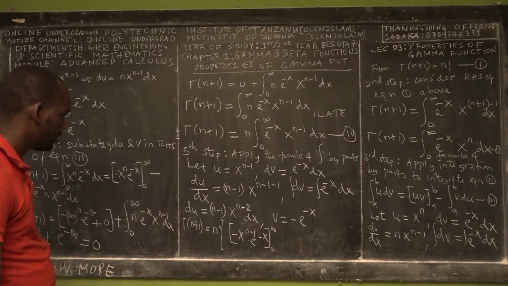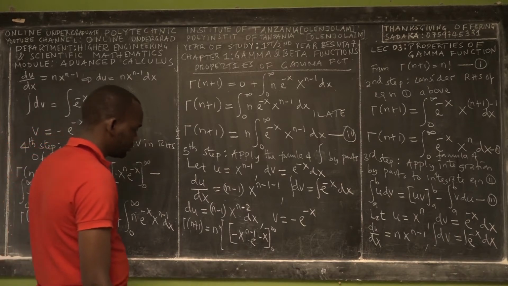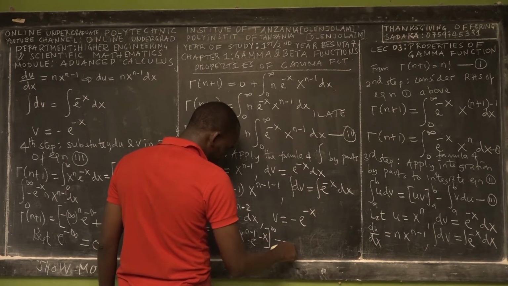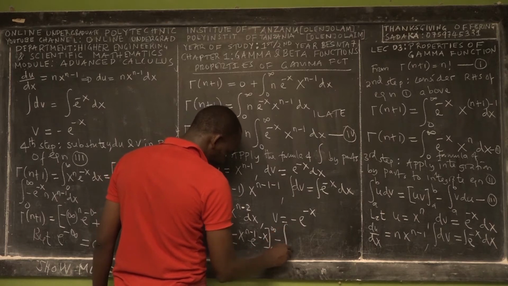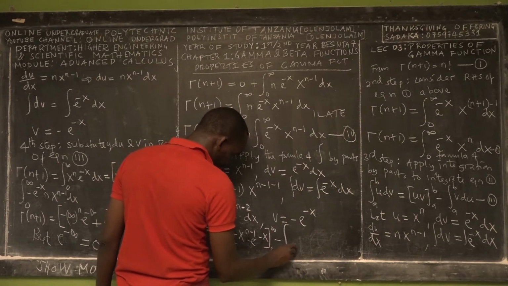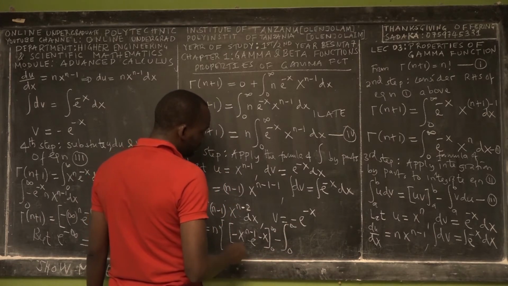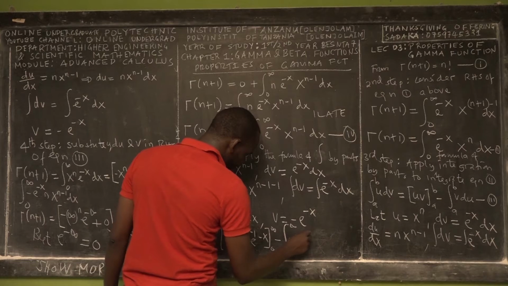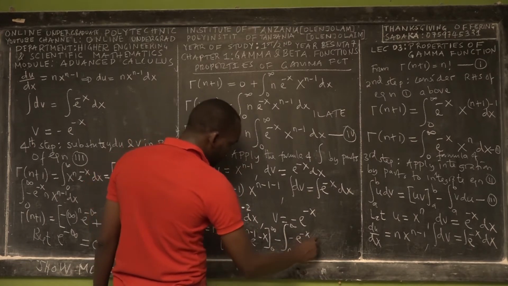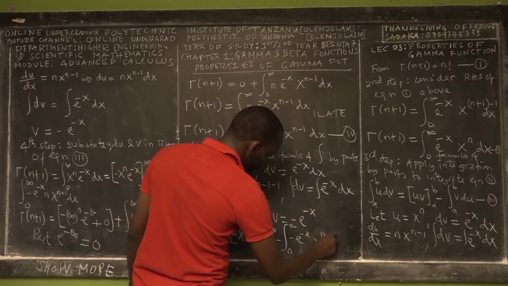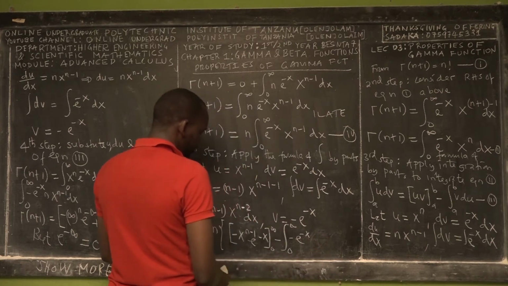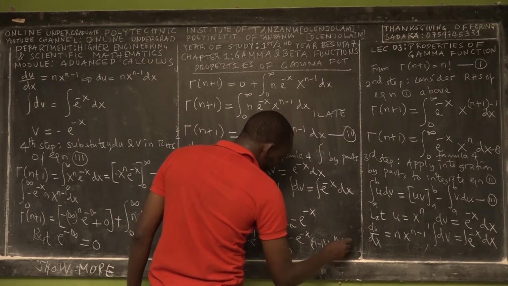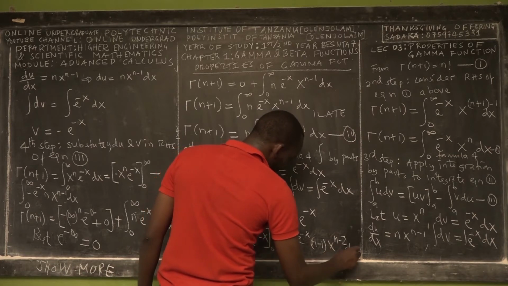Negative x power n minus 1, e power negative x, from 0 to infinity, then minus the integral of negative e power negative x times du. And du is what? It is n minus 1, x power n minus 2 dx.